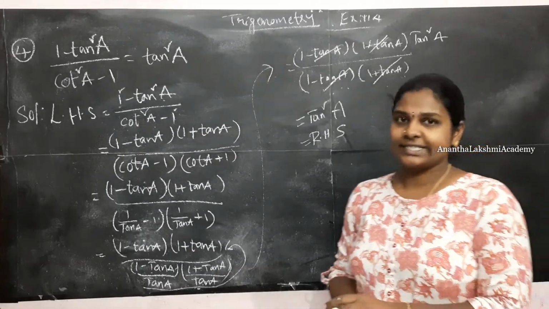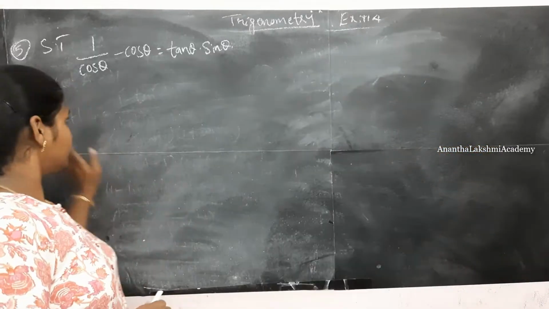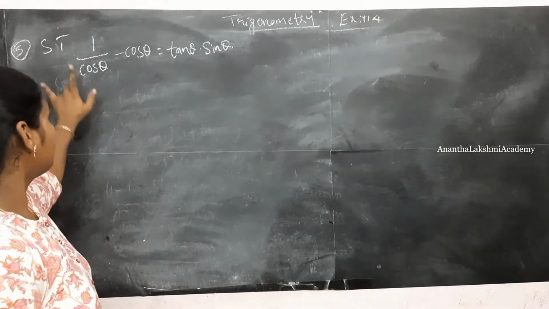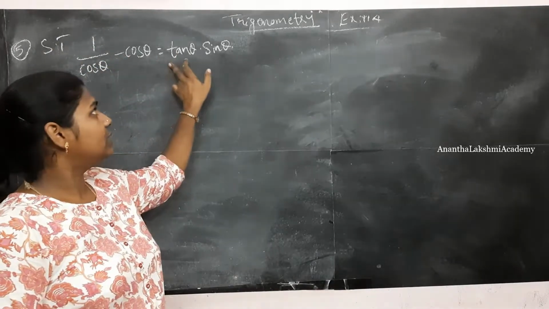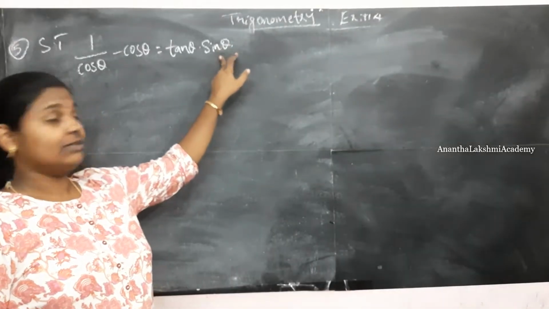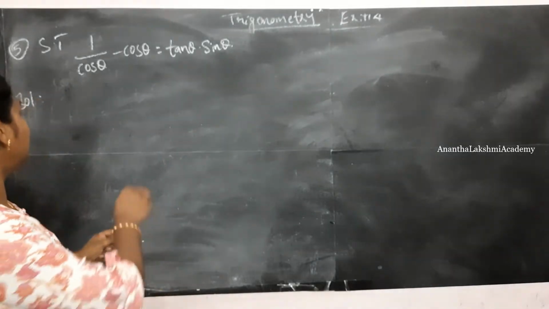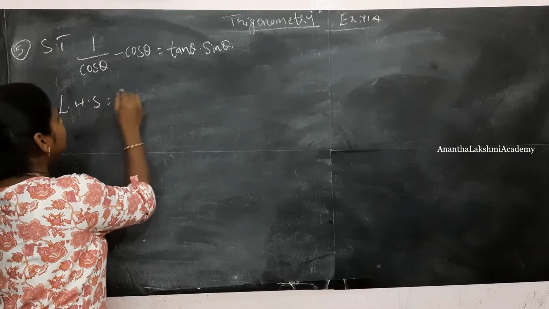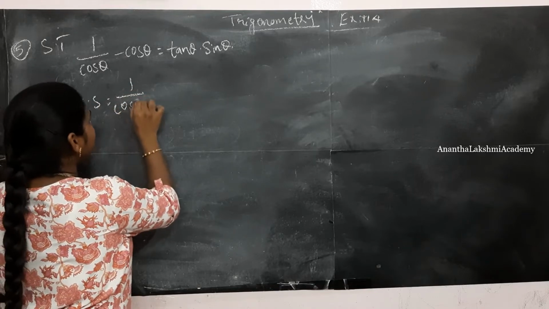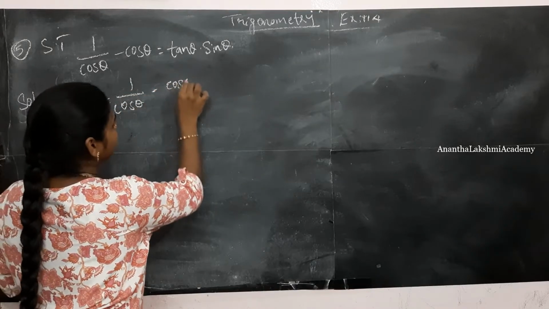Alright, so let's jump into the next problem. For the fifth problem, we have to show that 1 by cos theta minus cos theta is equal to tan theta multiplied with sin theta. Let's solve the LHS part first. 1 by cos theta minus cos theta.